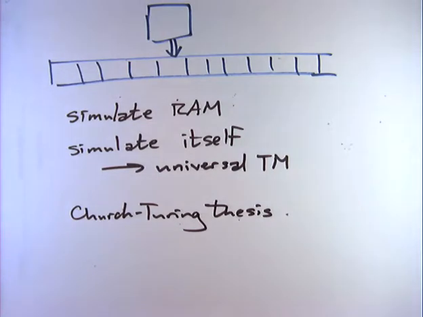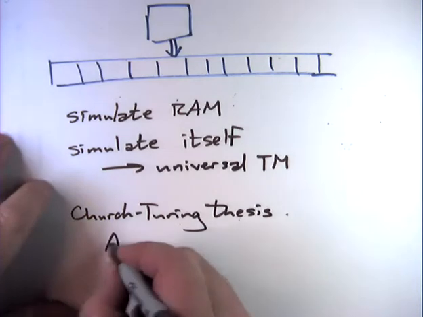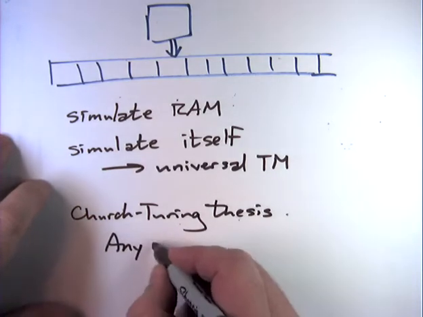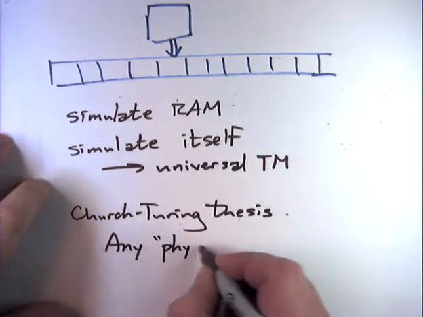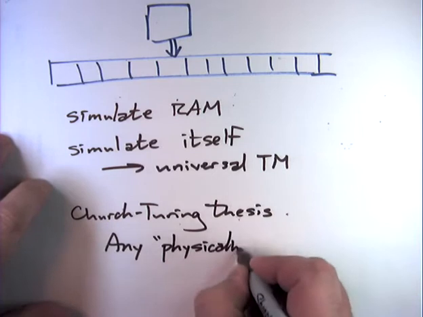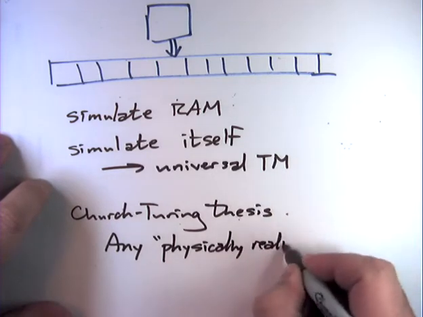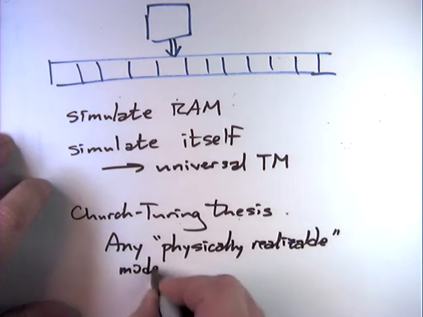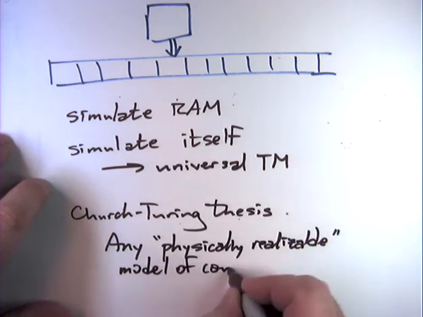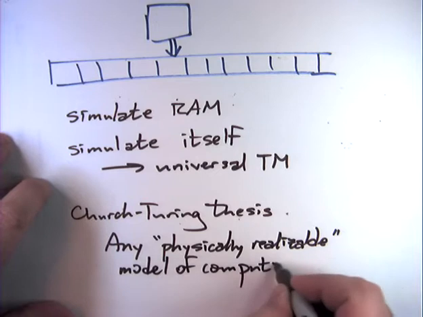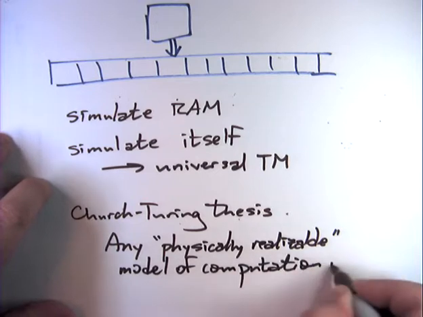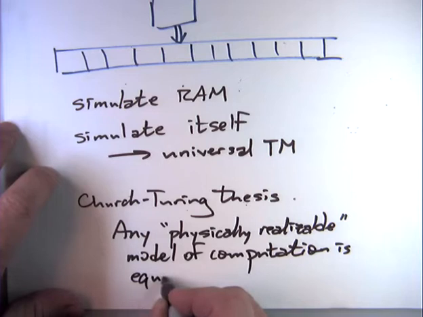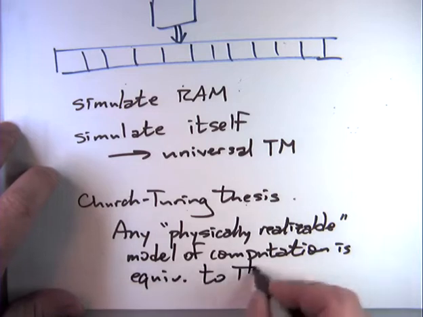Okay? So the Church-Turing Thesis basically says any physically reasonable, or you could say physically realizable, model of computation is equivalent to Turing machines.